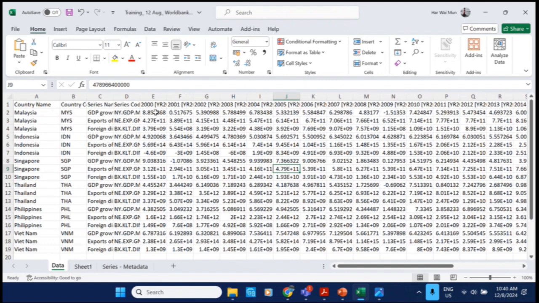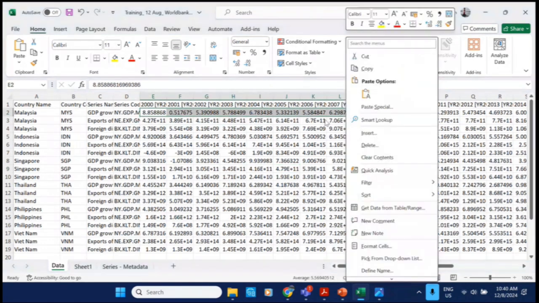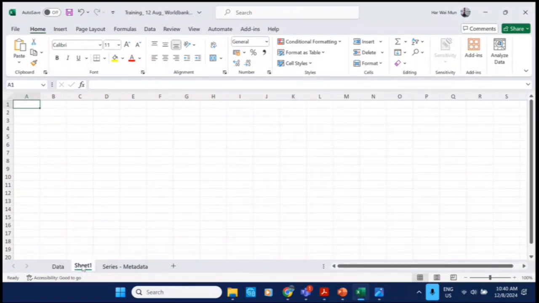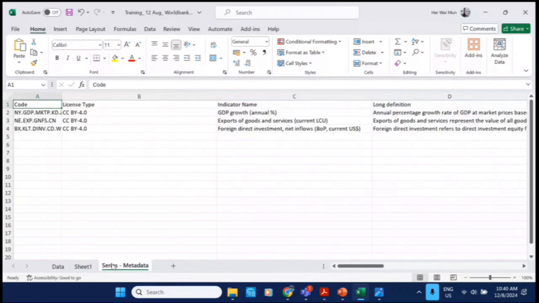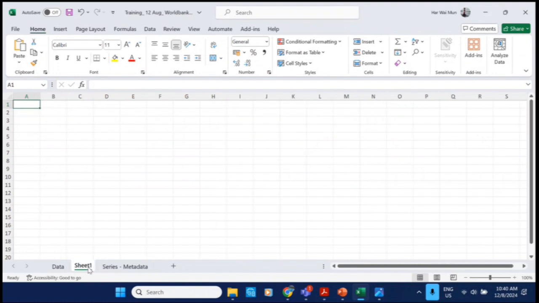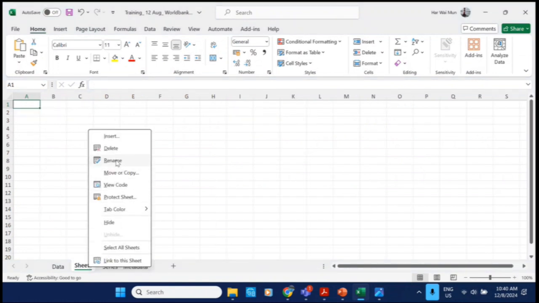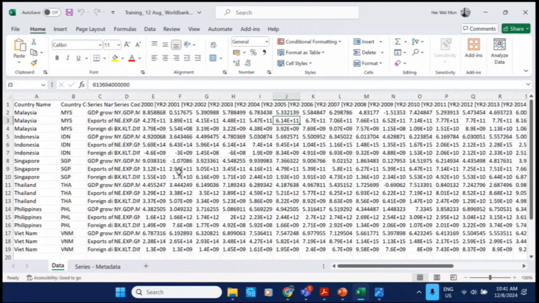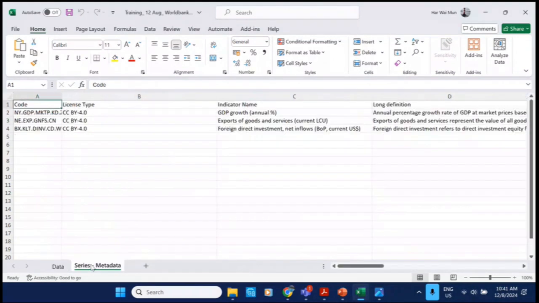But more important now, what we want to show is you don't delete this one. This one is very important, the metadata. When you download data, it comes exactly like that. If you come across it by accident, this one you don't delete. Why?